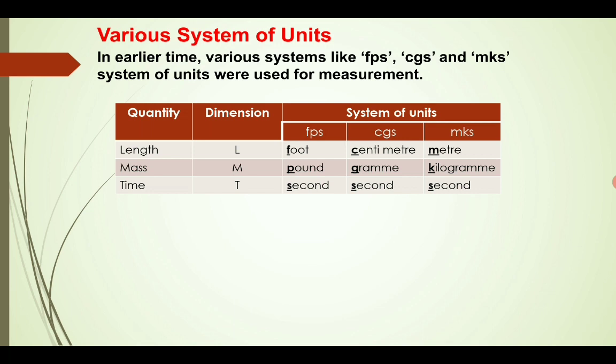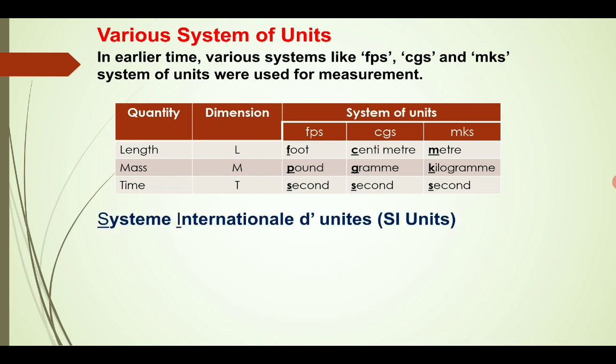In order to differentiate between the discoveries or inventions they obtain, we need some standards so that they can define whether they have obtained the same thing or a different thing. For that we have the SI units, that is, System International d'Unités. This is the full form of this abbreviation.